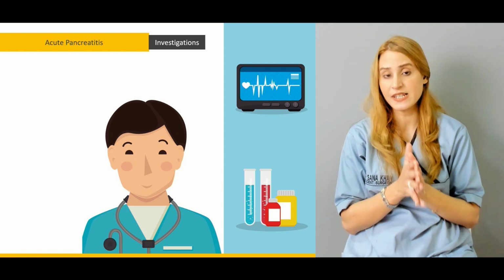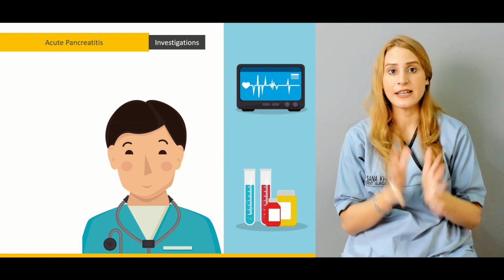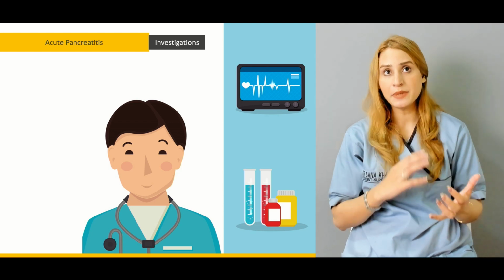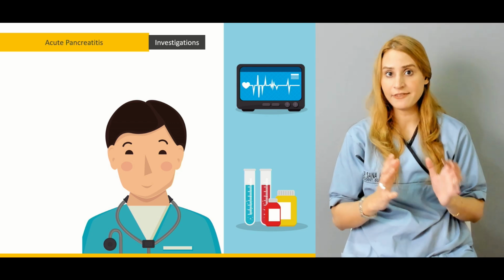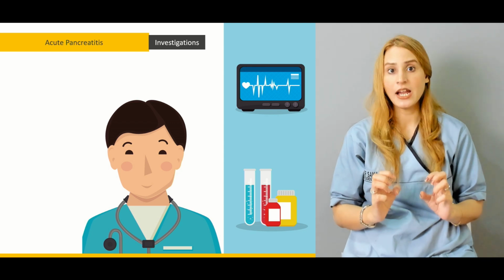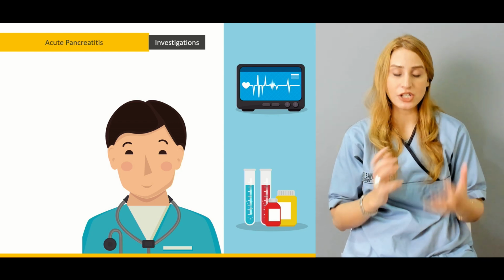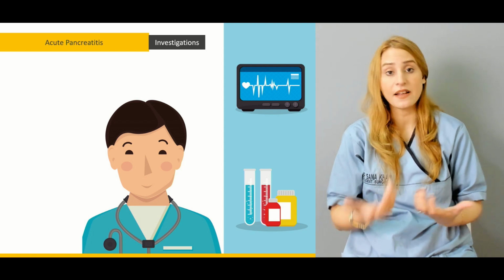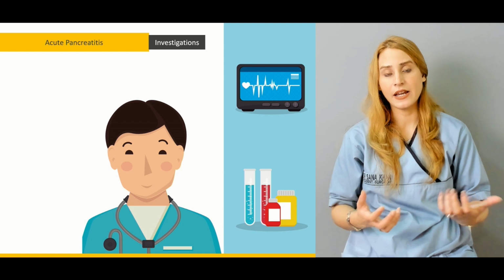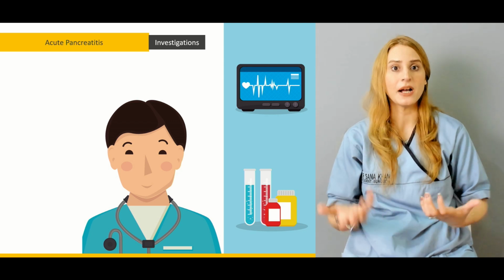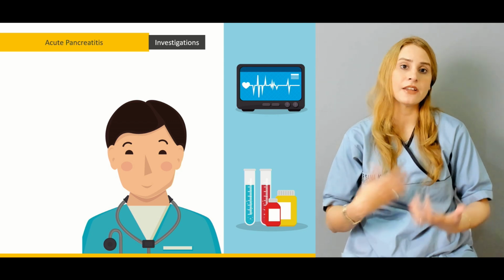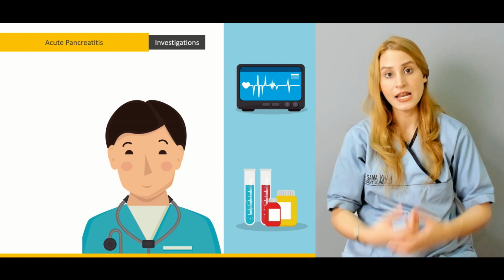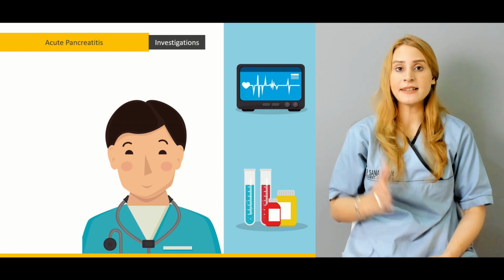The most important investigation for acute pancreatitis is the serum amylase level and the serum lipase level. Serum amylase is less sensitive and less specific for pancreatitis, but it's not that expensive, so in a smaller setting, serum amylase can be used, as there are no invasive machines needed to standardize it.